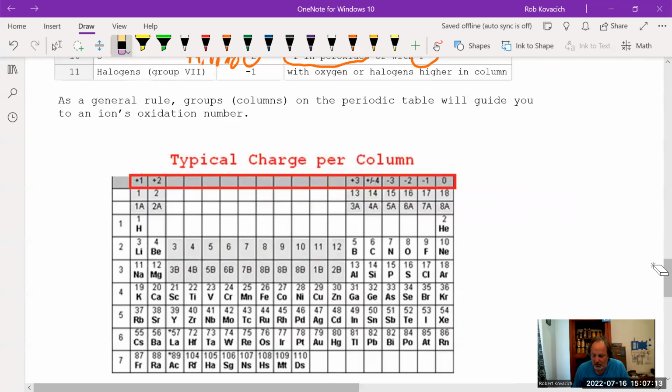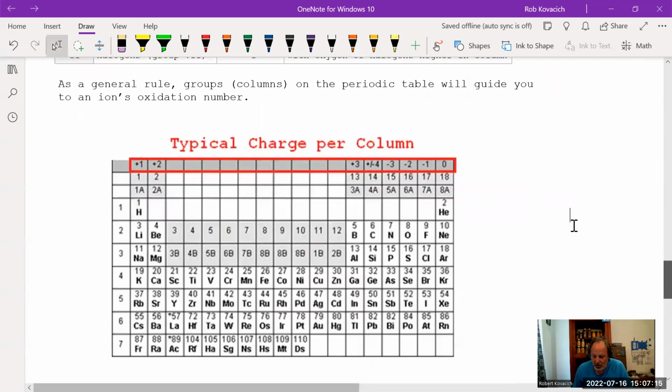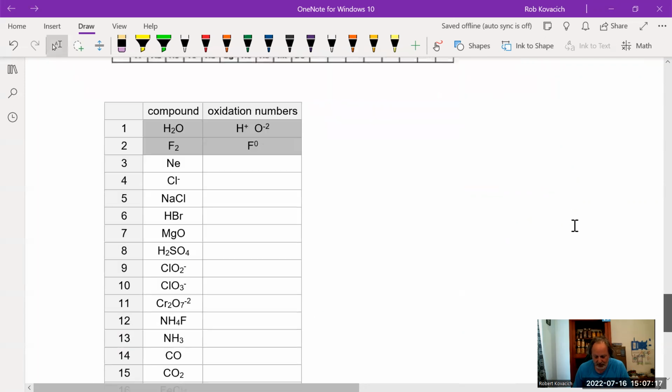So let's do some oxidation number checks here. This little thing is off of a worksheet called oxidation numbers that's on Moodle. I've given a couple of compounds here, and their oxidation numbers. So I'm telling you right now that the hydrogen's charge is a +1. How do I know that? Well, the hydrogen is with a nonmetal.